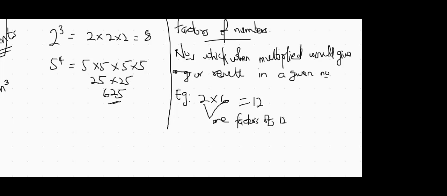So any two numbers that when multiplied would give you a particular number are called the factors of that number. Is that very okay with us? Yes. Please, if you don't understand this, it would give you a word problem that would demand you to use this, and it will marvel you how we are going to apply the word problem here.